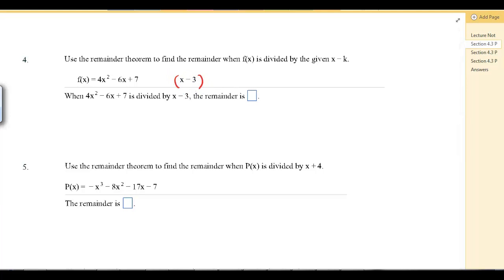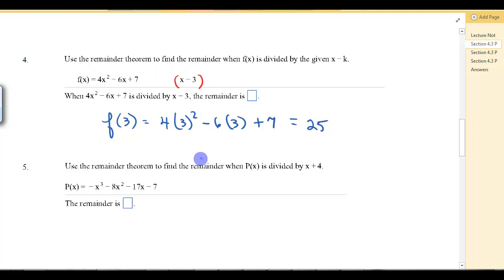We're going to say f of positive 3 equals 4 times 3 squared minus 6 times 3 plus 7. And when you do that out, you should get 25. You could also do synthetic division and actually find the remainder, but this is what we're asked to do, so I'm going to check with that.